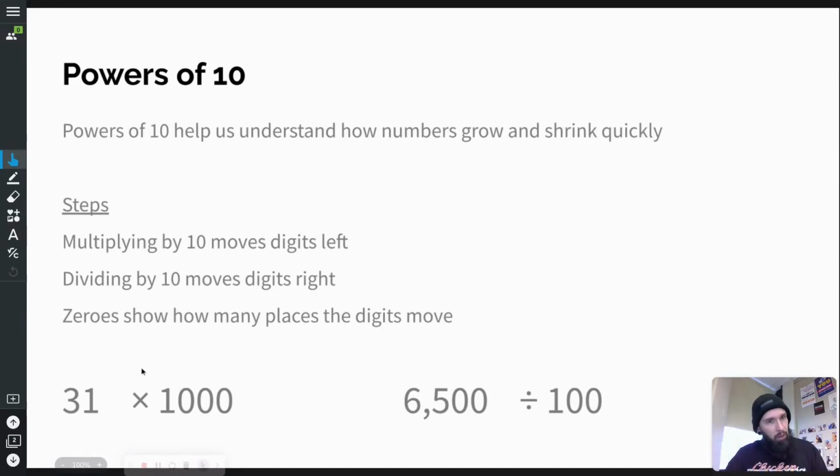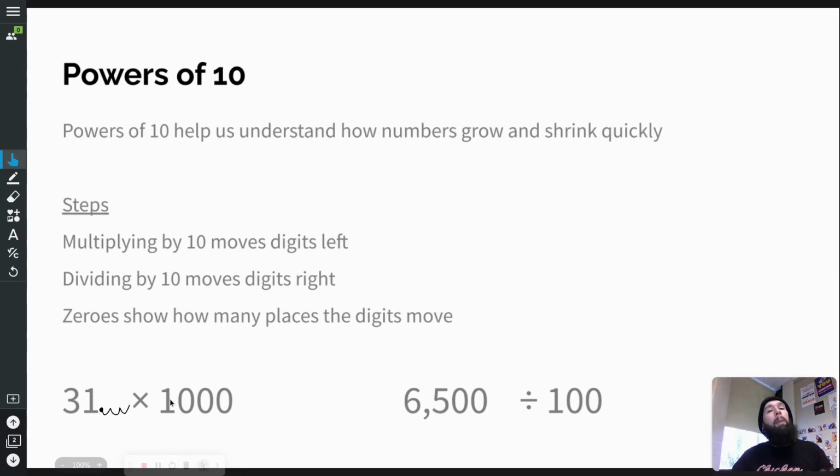So what that's going to look like is when we move a digit left, we're adding a 0 at the end. When we move a digit right, we're taking away a 0 if there's one there. So the way I'm going to show this is whenever we multiply by a number, I'm going to put a dot at the very end of the number. However many zeros I multiply by, so 1,000 has 3 zeros, I'm going to go 1, 2, 3 spaces over to the right.